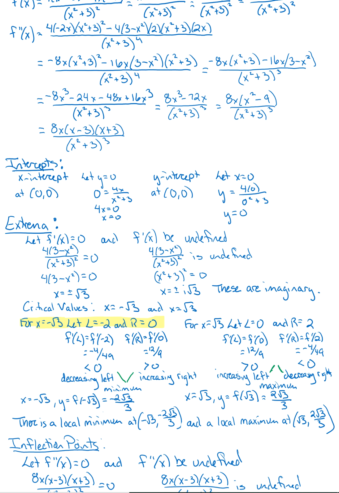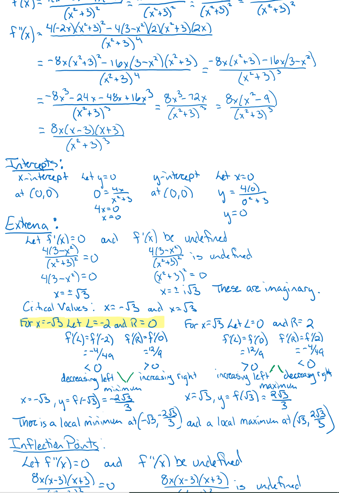I'm going to pick something to the left and to the right. Well, because it's negative, I have to think about it in the negative direction. It is good to remember that we can approximate the square root of 3 as 1.7. So negative square root of 3 is about negative 1.7. So to the left, I'll pick negative 2, and to the right of any negative number is 0.